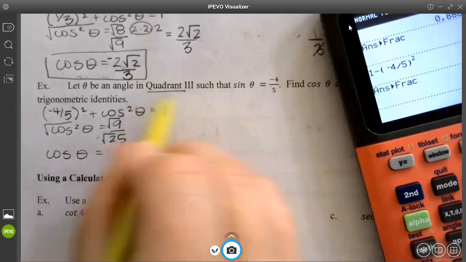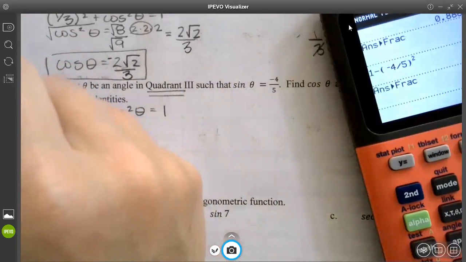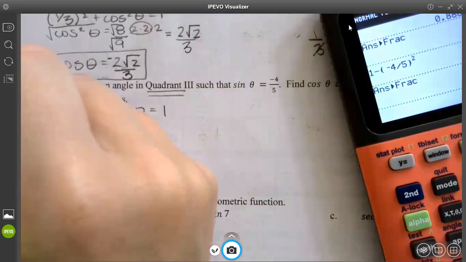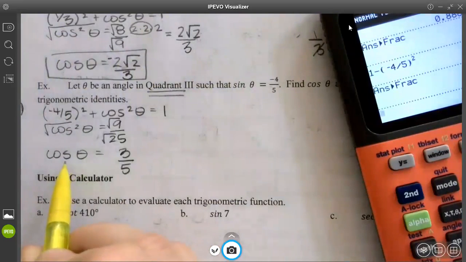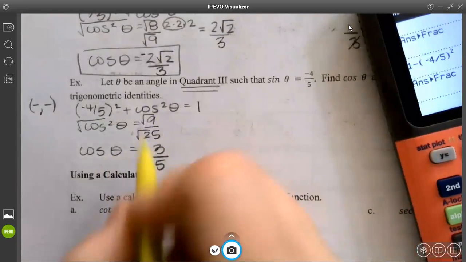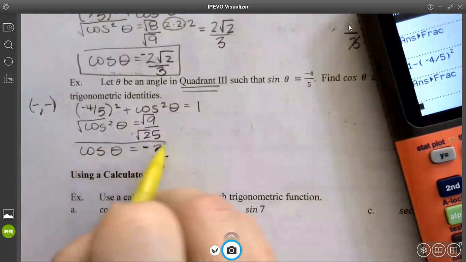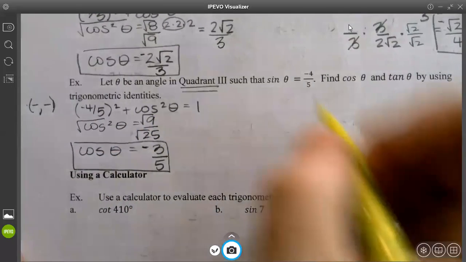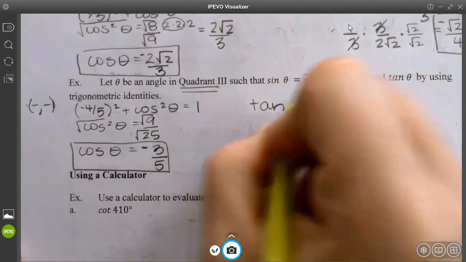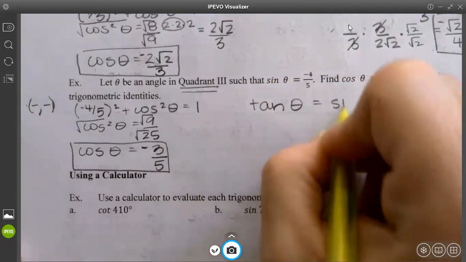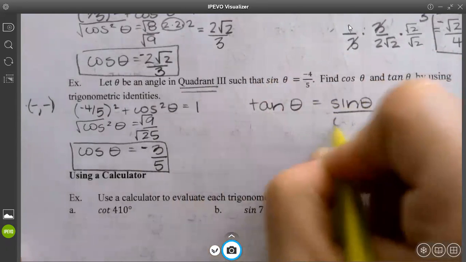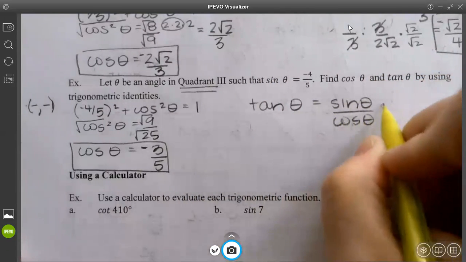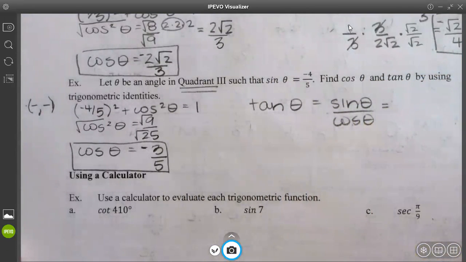We're in quadrant 3. Remember in quadrant 3, you have negative, negative. So cosine is your X coordinate. What would it be? Negative. For your tangent, you have y over x. What's a negative over a negative? So our tan should be positive. So tangent of theta, remember, is sine over cosine.